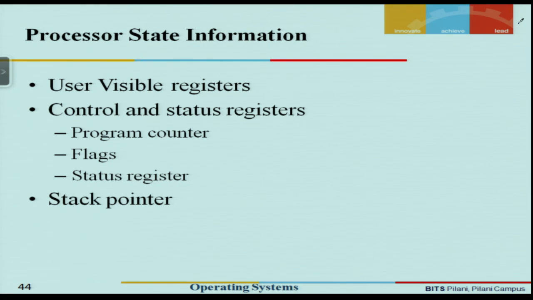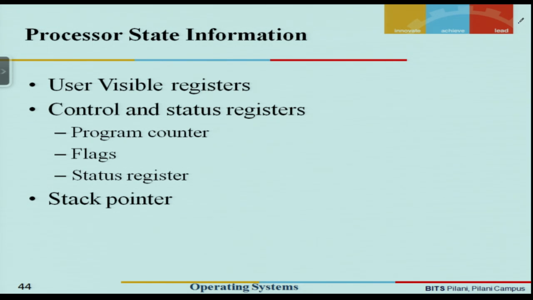Any given processor has a register file, and for example, if we take the example of a Pentium processor, it has a set of user visible registers, such as EAX, EBX, ECX, EDX, ESI, EDI, CS, DS, etc. Then another important category is special purpose registers, known as control and status registers. For example, the program counter, a very important register, which points to the instruction which is required to be executed next.